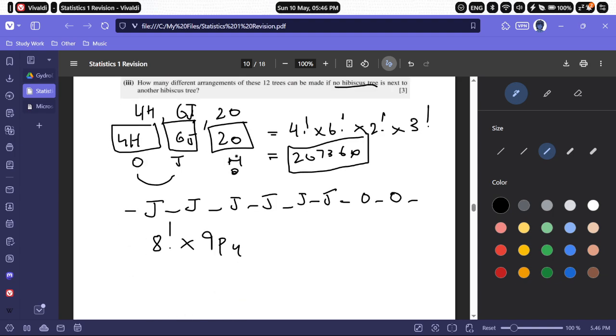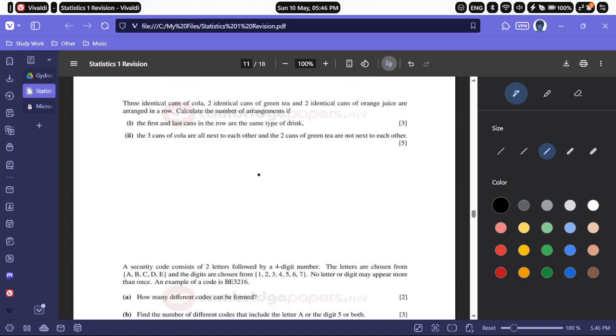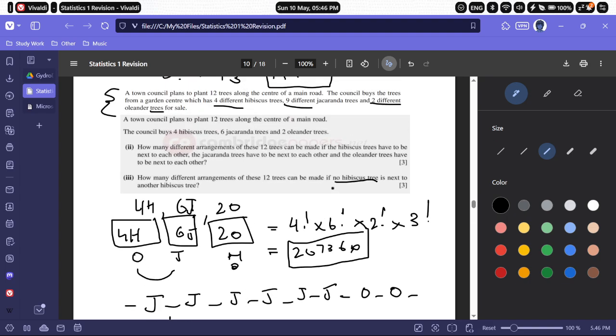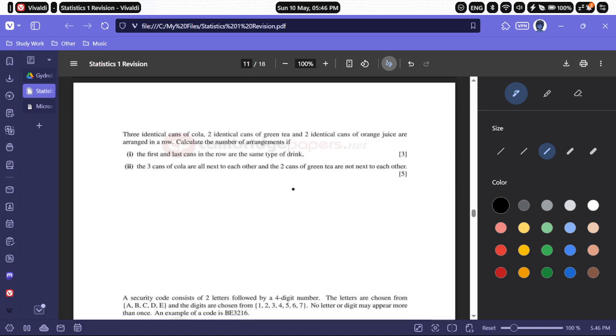I think there is some question ahead where I can use that. But in this case, no, you'll have to use gap method actually. That would be the only way for this. There are some questions where you can use gap and box method. If I find a question, I'll let you know.